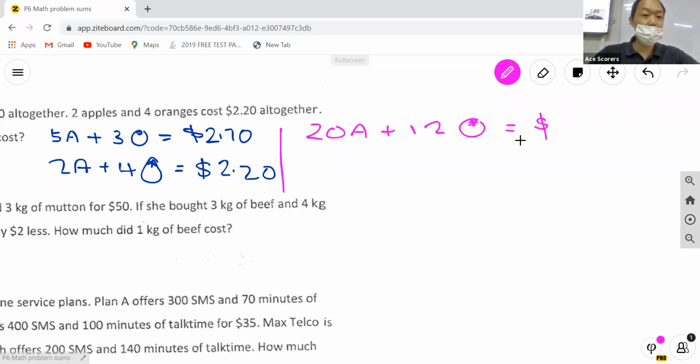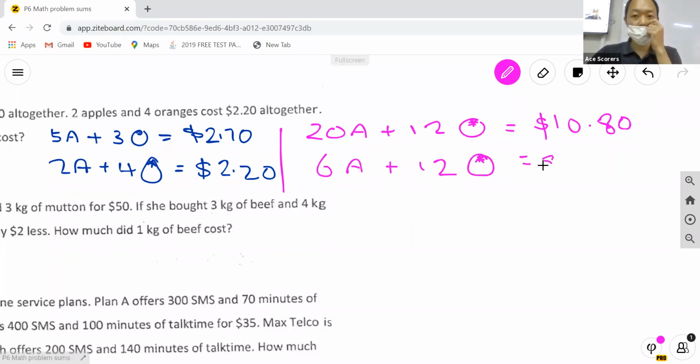What is $2.70 times 4? $10.80. Then the second part, I times 3. So 6A plus 12 oranges equals $6.60.